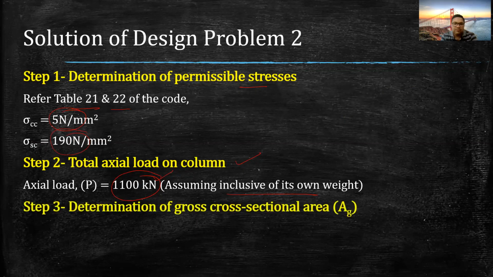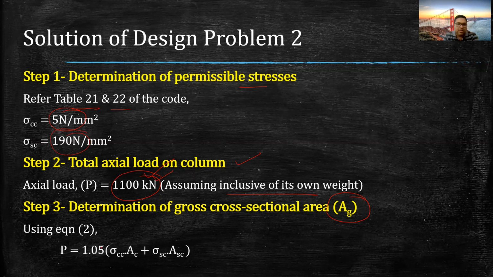Now in step 3, we will try to find out what should be the cross-sectional area of column to carry this load. As per equation 2, the equation that I have shown you in the previous part, the equation will be multiplied with the factor 1.05. So this time we will use this equation, and in this equation sigma CC is already given, AC is the area of concrete here, and ASC is the area of steel.